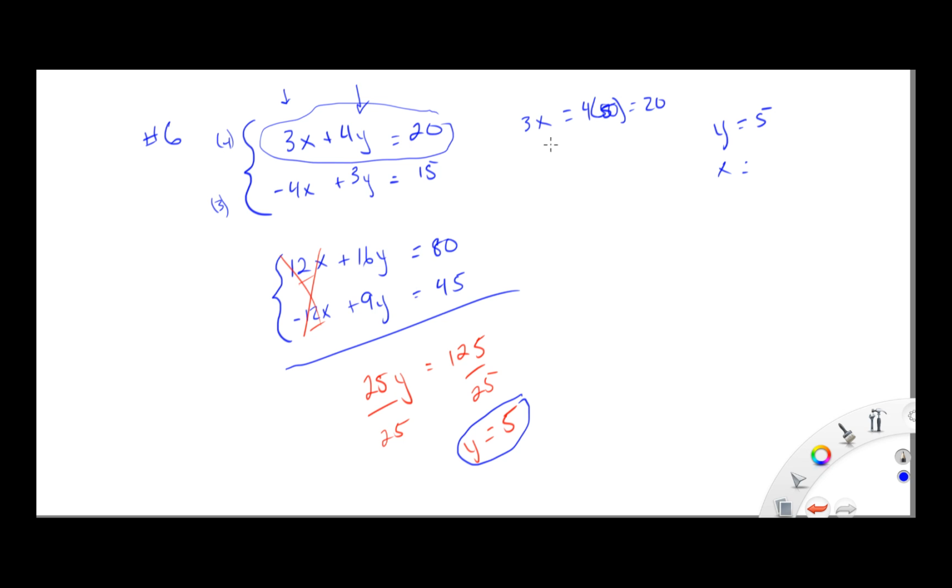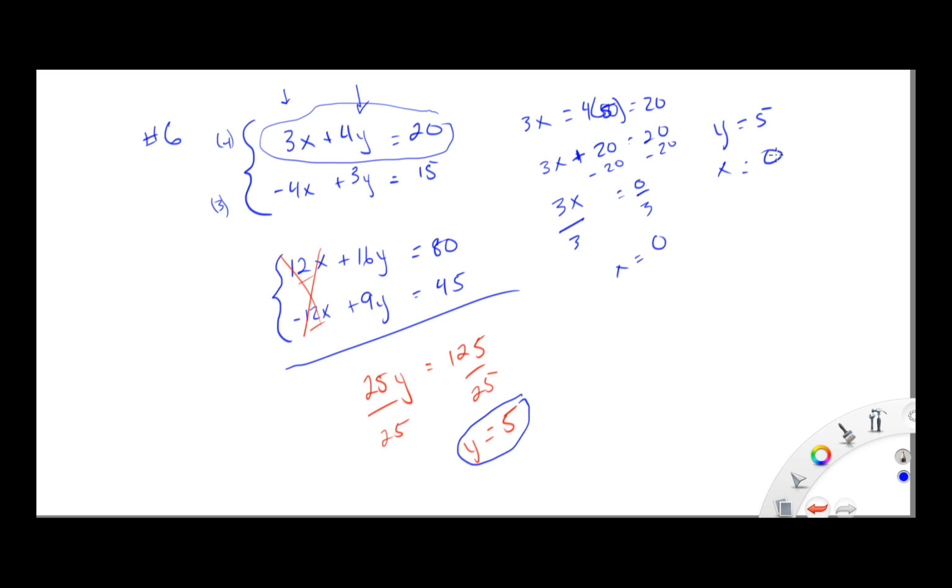All right, so 3x plus 20 equals 20. All right, so 3x, and we're going to subtract 20 from this side. I'm going to subtract 20 from this side. So 3x equals 0. We divide by 3, so x equals 0.